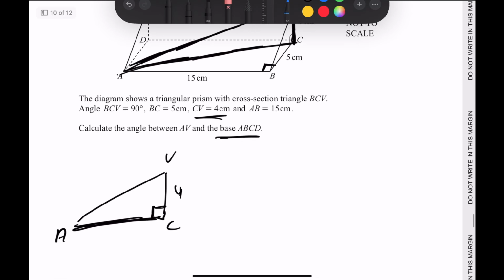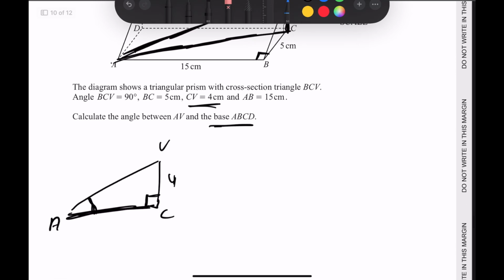So to find the angle between AV and the base ABCD, I'll let this angle be X for now. I'll use a different color to make it more significant. Angle X between AV and the base ABCD essentially means between AV and any line in the base ABCD, as long as the other point that's not A and not V is also connected to V. So in this case, I took the point C, since that is the simplest point in this case, as you can see later.